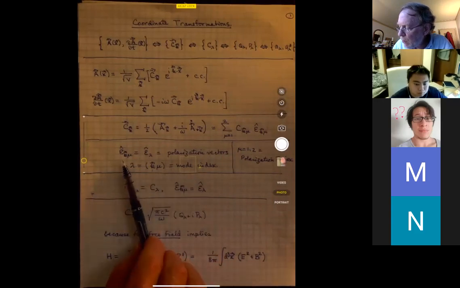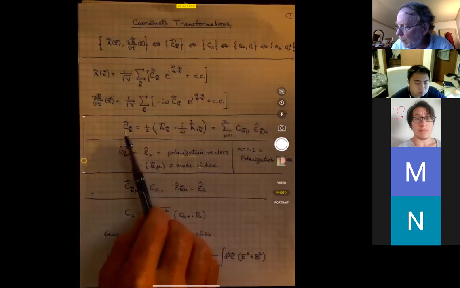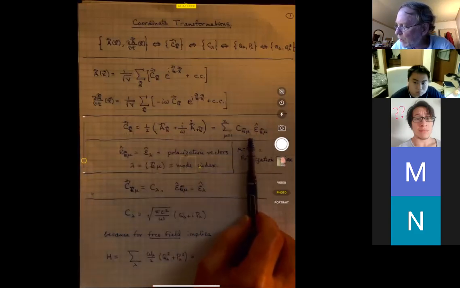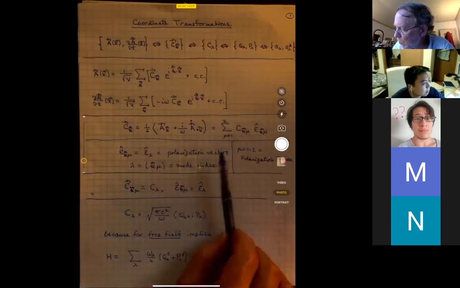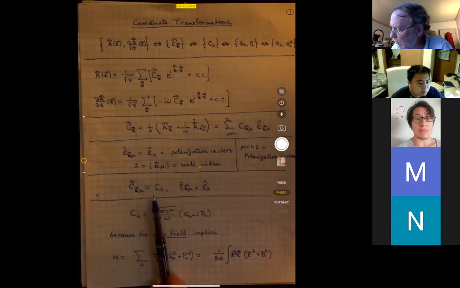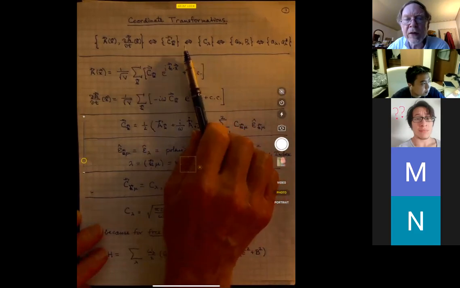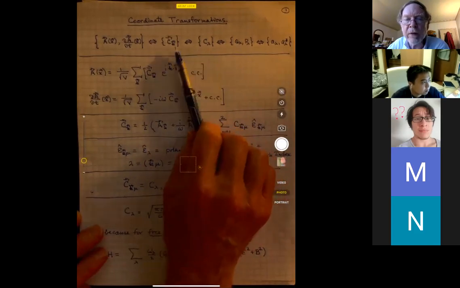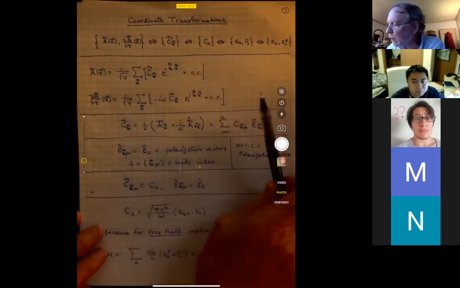So epsilon k mu are the polarization vectors, which can also be written as epsilon sub lambda. Anyway, expanding the amplitude vectors in terms of the polarization vectors gives me what I call the mode amplitudes, which are the C sub k mu's, otherwise we'll call C sub lambdas. And that's the next set of variables. This is a fairly simple coordinate transformation to go between these two, but the C lambda is the new set of coordinates.